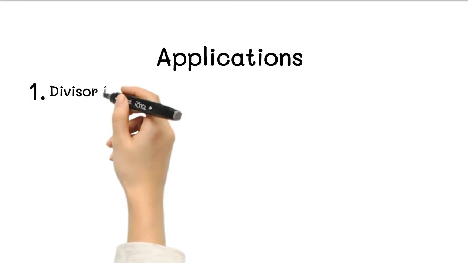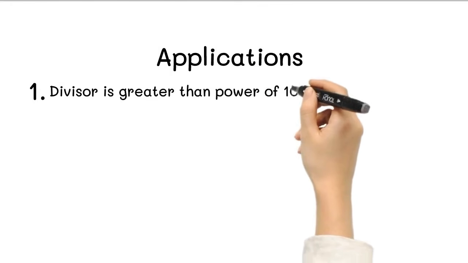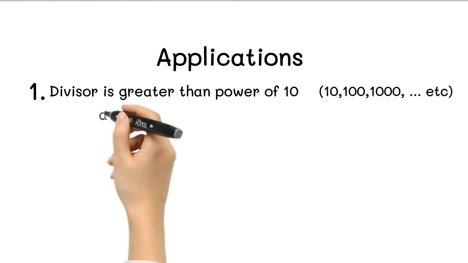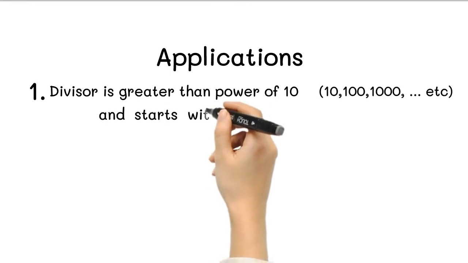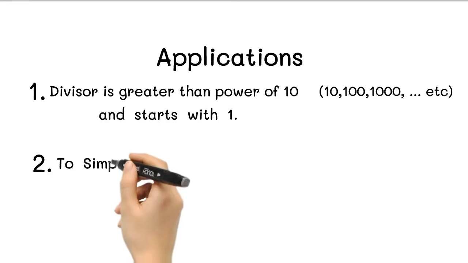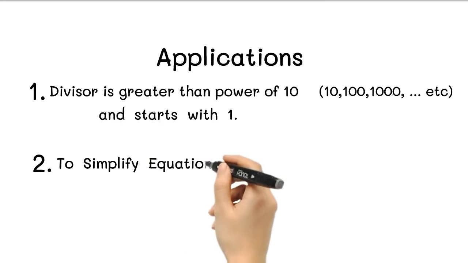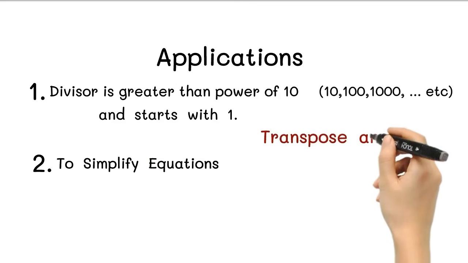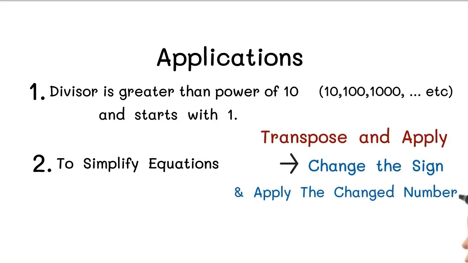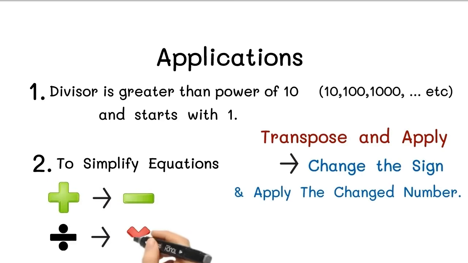First one, divisor is greater than the power of 10, that is 10, 100, 1000 and so on, and starts with 1. Second application is to simplify equations. As the name transpose and apply suggests, we change the sign and apply the changed number. That is, addition will be turned to subtraction, division will be turned to multiplication and vice versa.